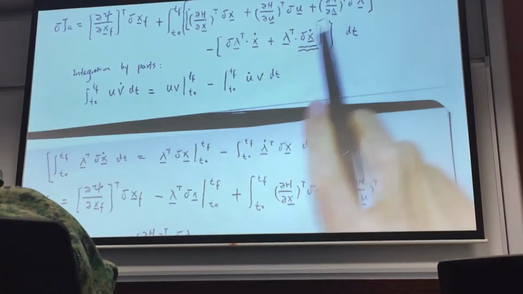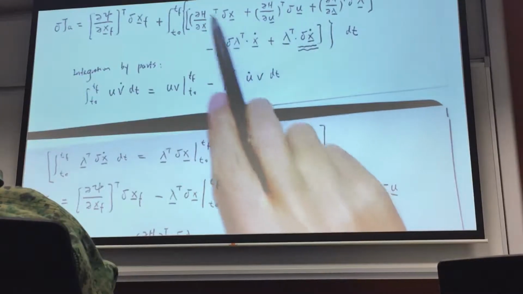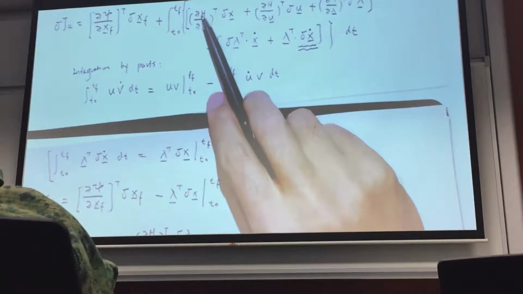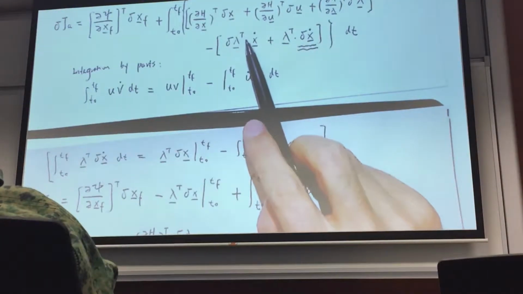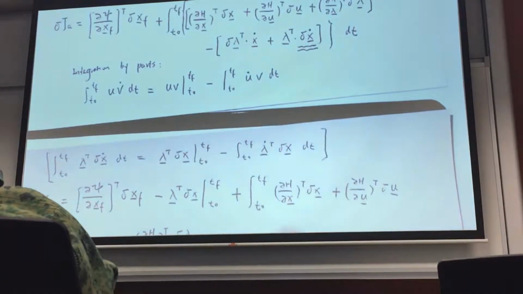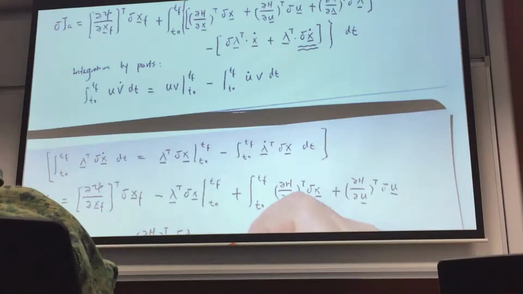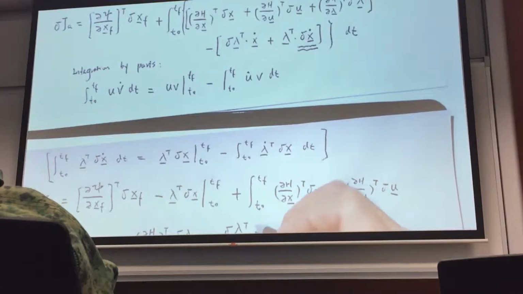So these are the three terms from h, and here we have this one, so it's minus delta lambda transpose x dot.